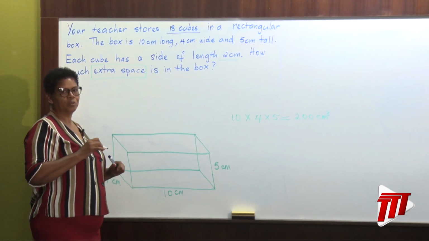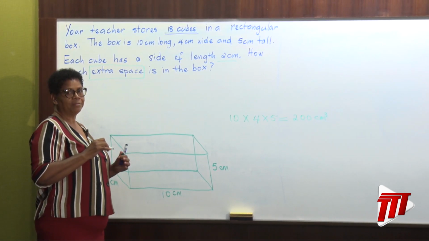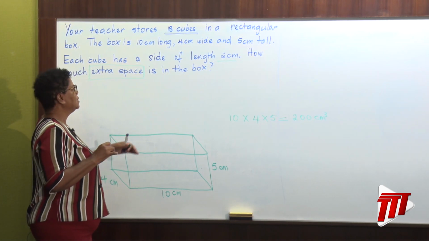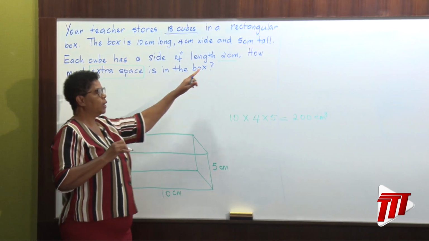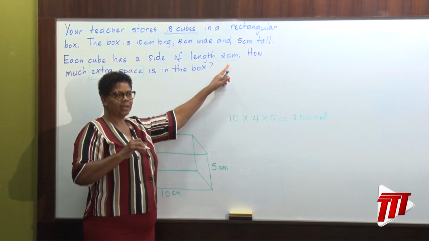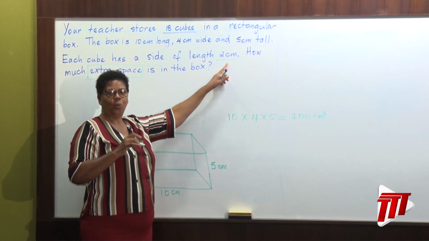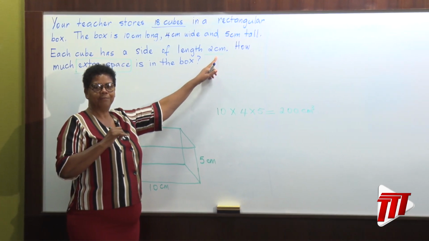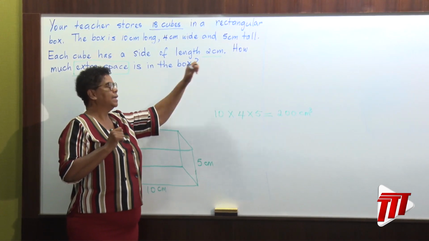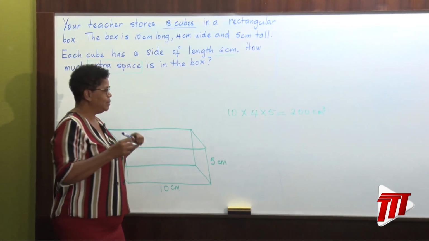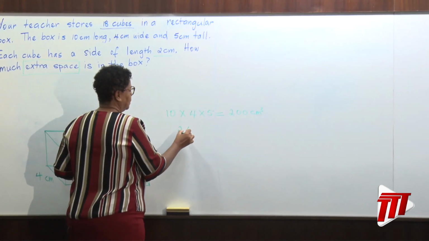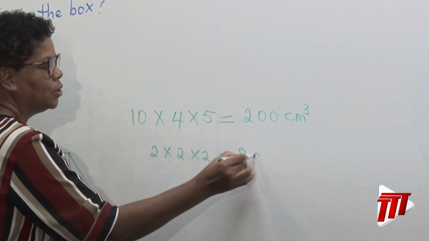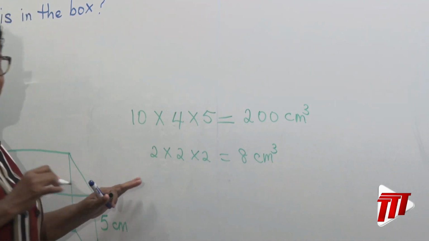Now let's find the volume of the cube. Now we can find the volume of the cubes by finding first the volume of one cube. These are not 1 centimeter cubes, they are 2 centimeter cubes. We found out before that the volume of a 2 centimeter cube is 2 multiplied by 2 multiplied by 2, which is 8 cubic centimeters.